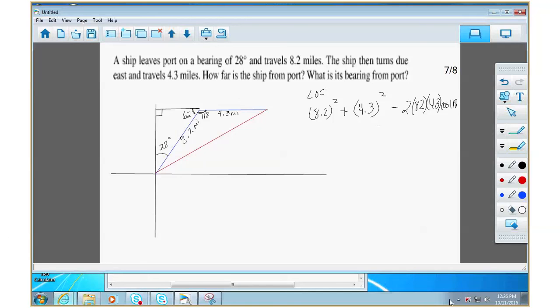Yeah. All right, now what's 8.2 squared? So 67.24. 4.3 squared? 18.41. And then all this stuff.